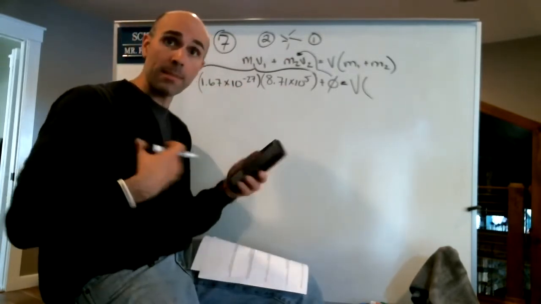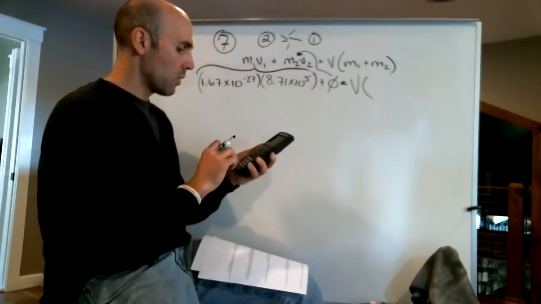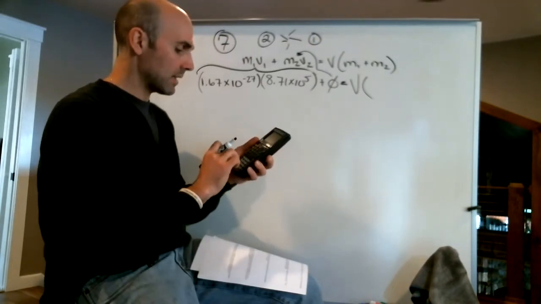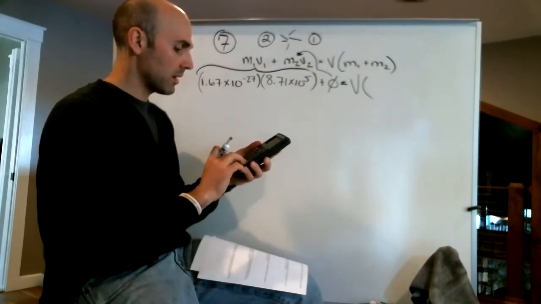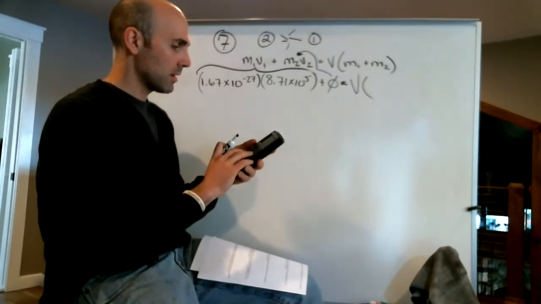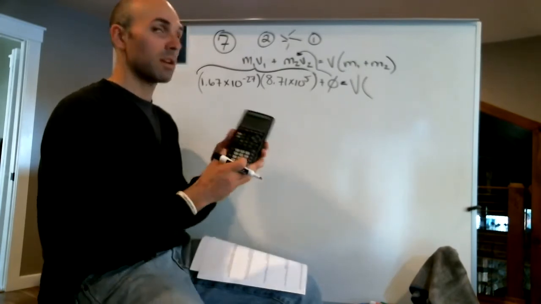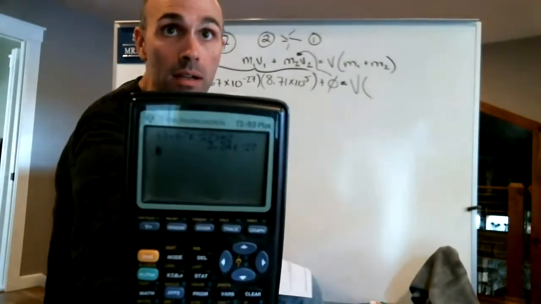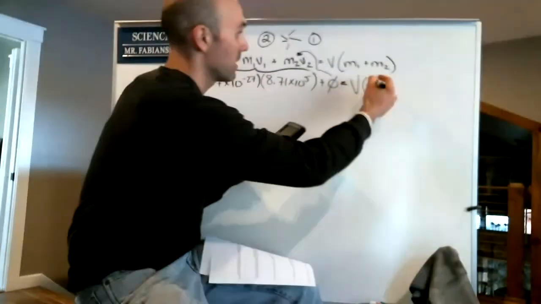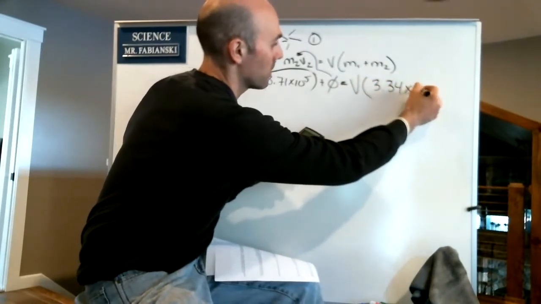But since you've got me here, let's do it together. 1.67 e to the negative 27th times 2 comes out to 3.34 times 10 to the negative 27th.